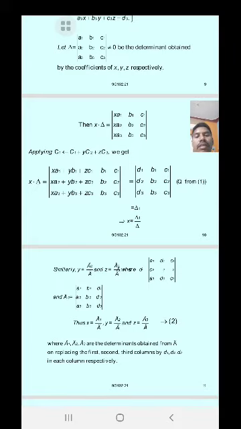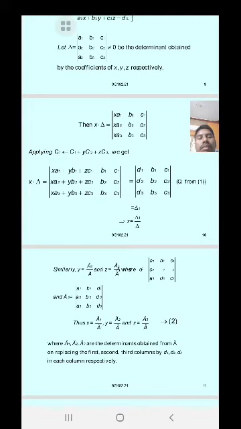Similarly, we can say y equals delta 2 by delta, and z equals delta 3 by delta, where delta 2 has first column a1, a2, a3, second column d1, d2, d3, and c1, c2, c3.